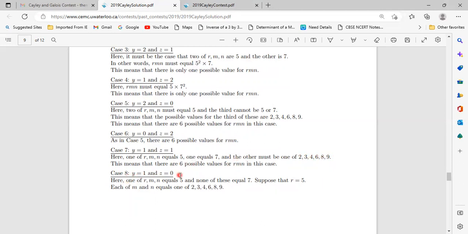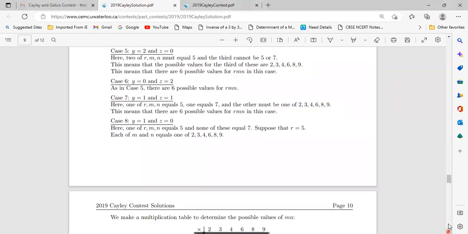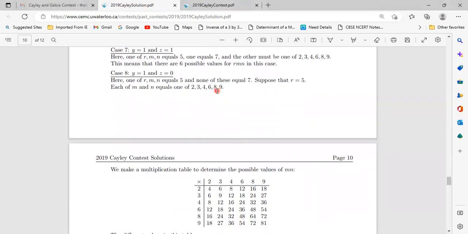And when y is 1 and z is 0, you are allowed to have 1 also. 1 plus 0 will give you 1, which is lesser than 3. This is also allowed. So when you check this, one of the RMN equals 5 and none of these equal 5 because z is 0, which means you're not allowed to choose 7.